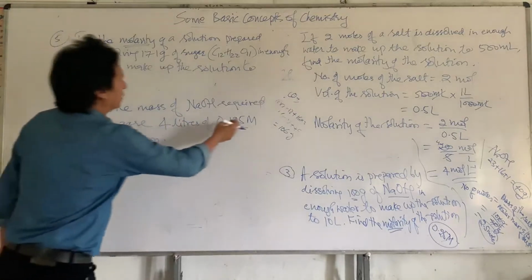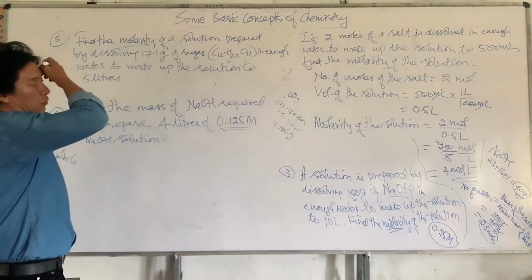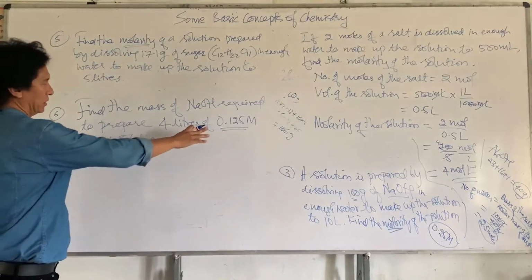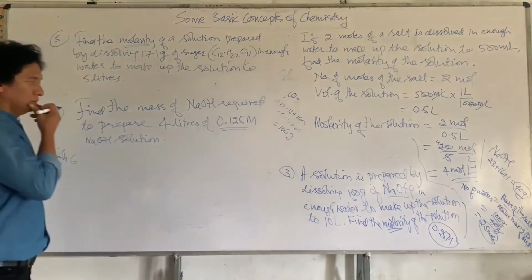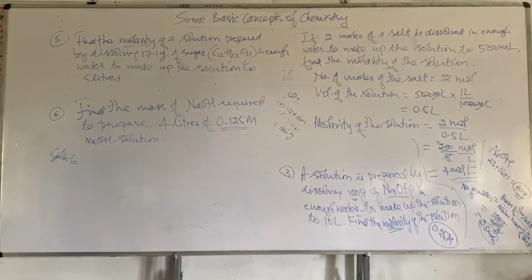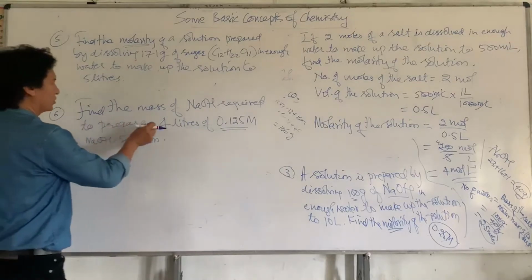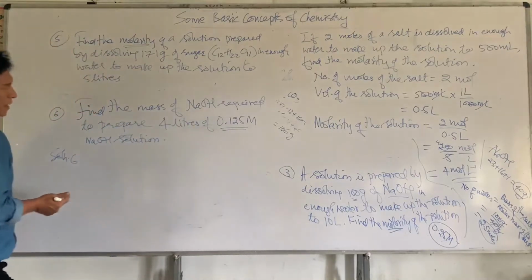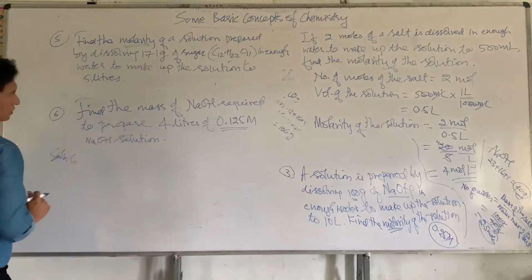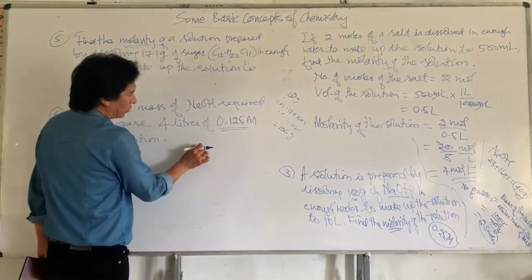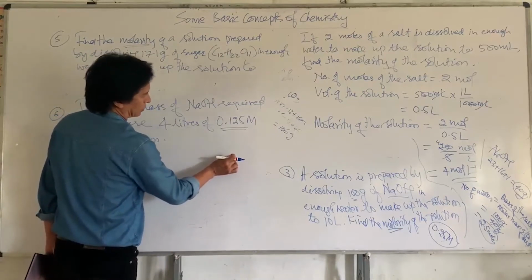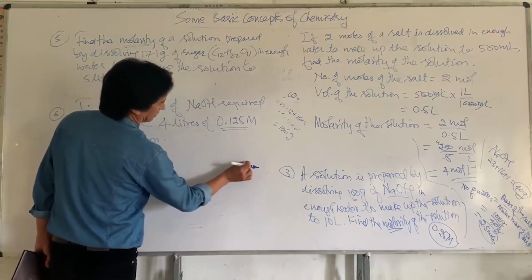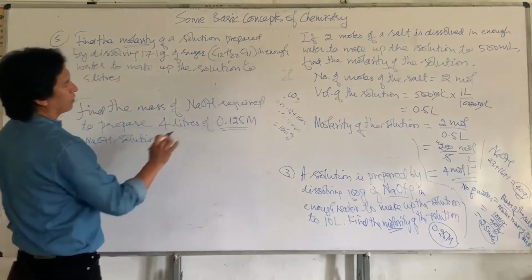The capital M here means 0.125 molar solution, which is nothing but 0.125 moles per liter is the molarity of your solution. That's it. And you are given the volume of the solution, that is 4 liters.